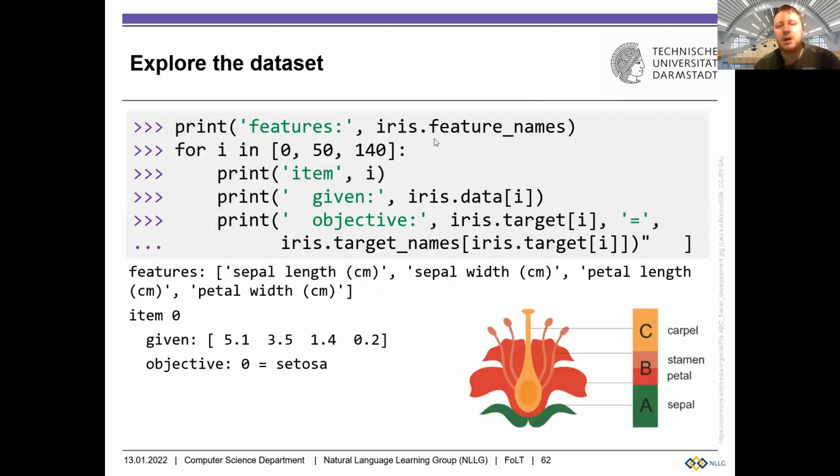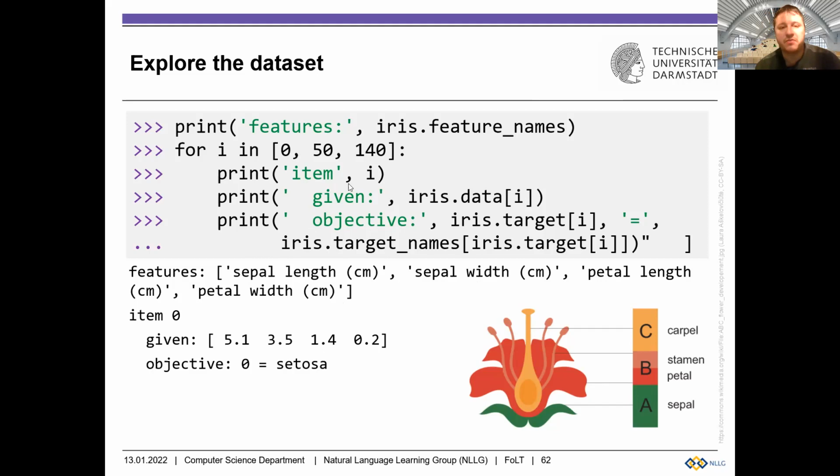We can also check out what the feature names in this iris data set are. And the feature names are sepal length, sepal width, petal length, petal width. I'm not going to explain all of those things here. They're also not important content-wise, but you see there are 4 features that characterize each flower. And what we do next is print out some random points in the data set.